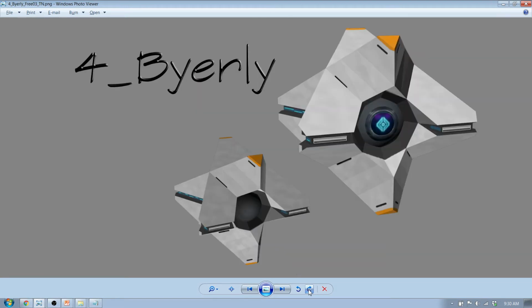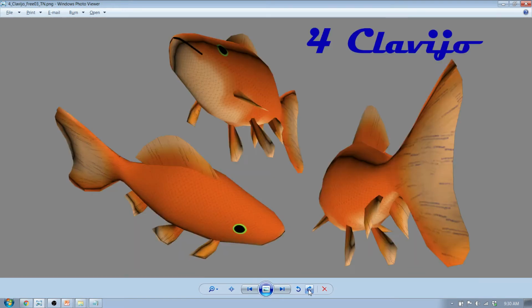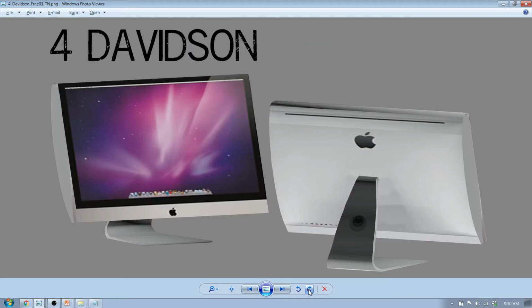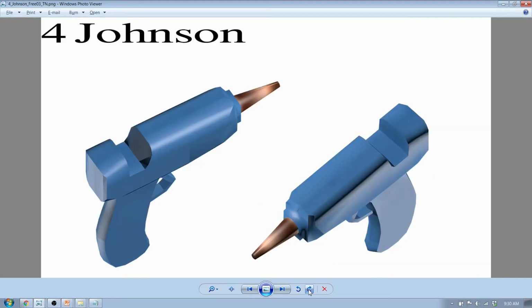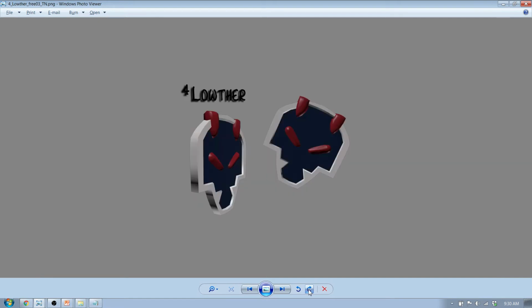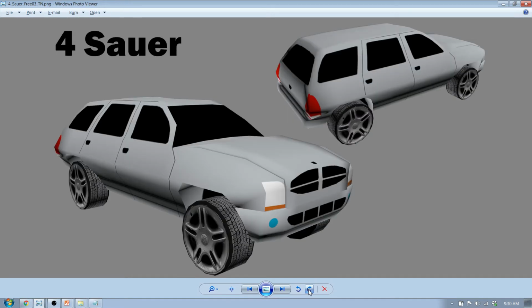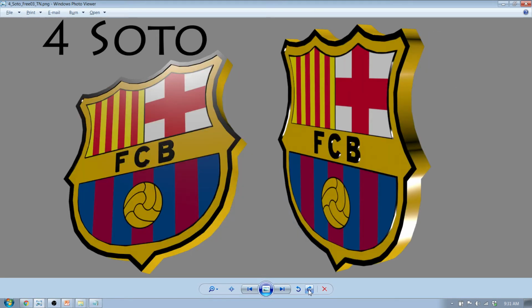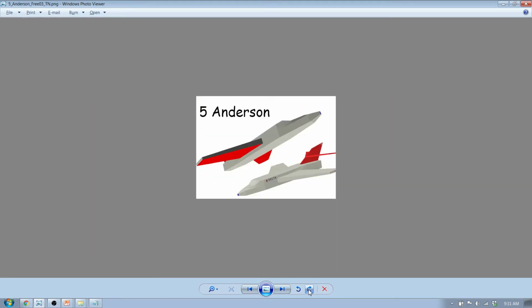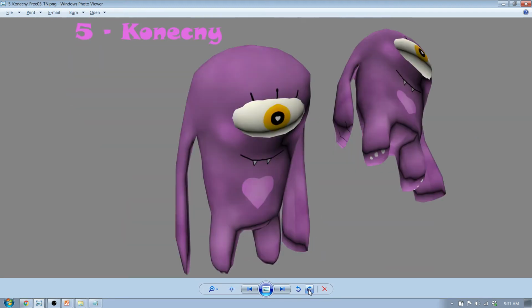Scope is very, very, very important and something we need to understand in this class as well as future classes. You need to make sure that when you build something, you'll be able to finish it in the time you have. Okay? Because if you don't finish it in the time you have, it's not going to work out so well anyway. So these are just some of the examples from 2015.